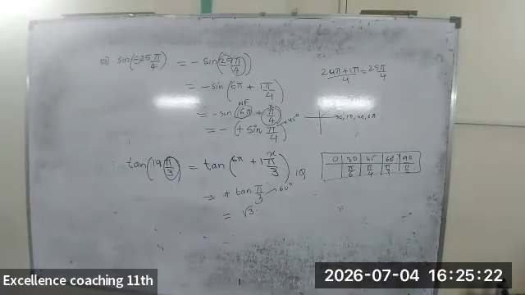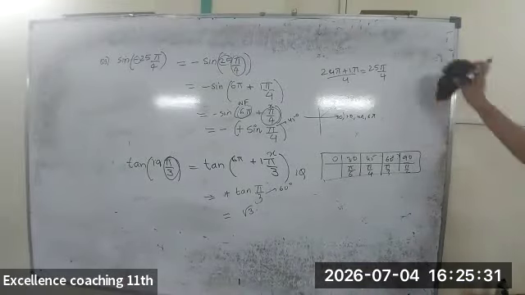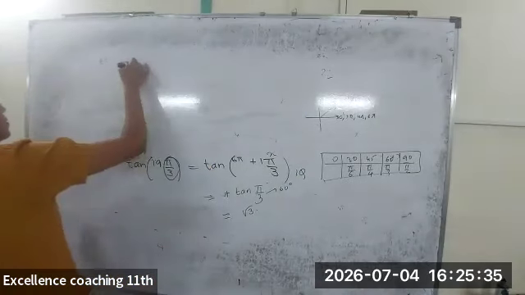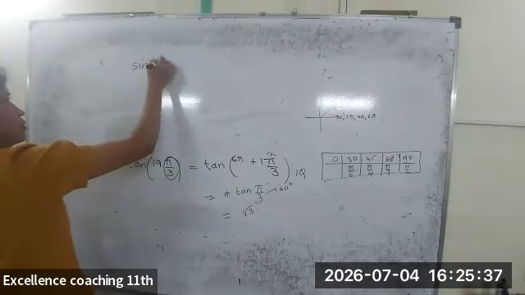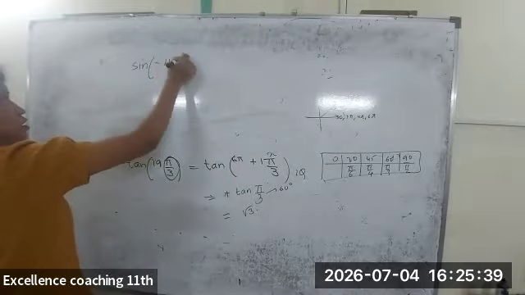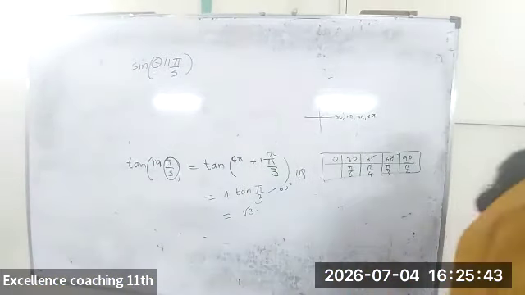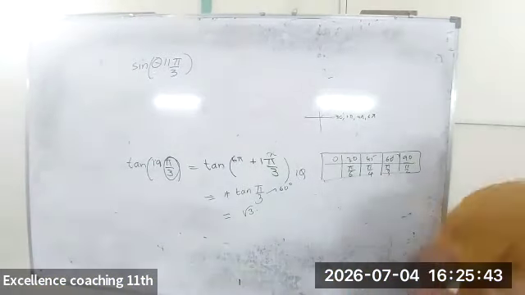Next one. Try the next one. Sine of minus 11 pi by 3. So there is a negative one. So deal with negative first. The minus will come out first.